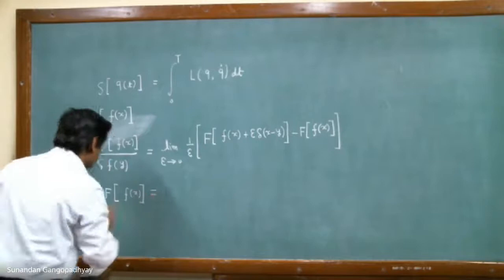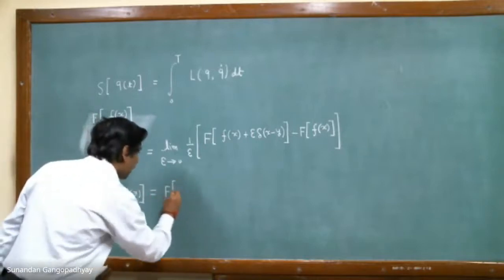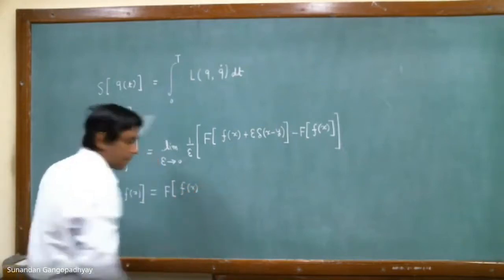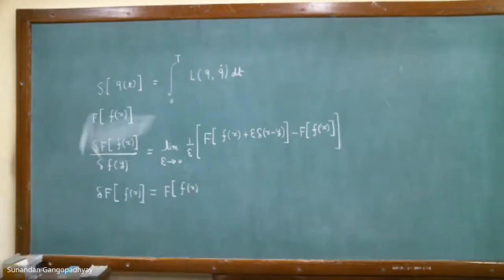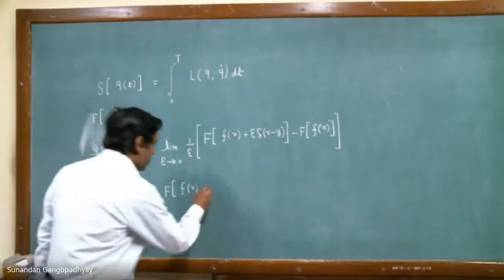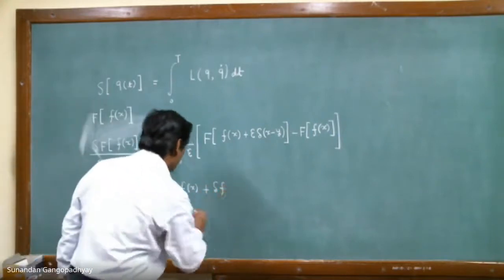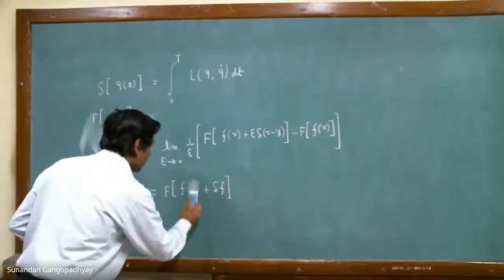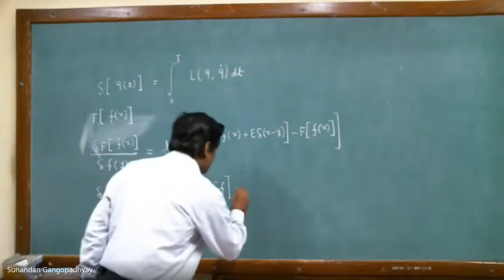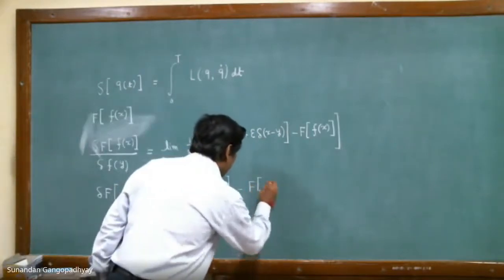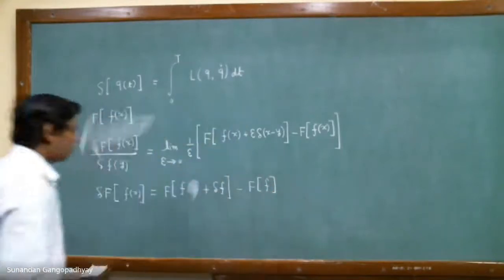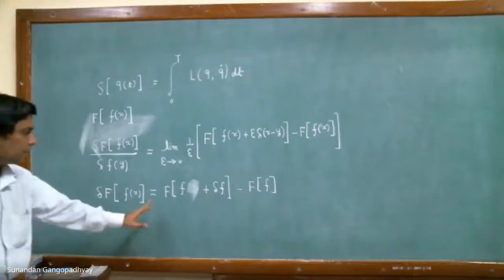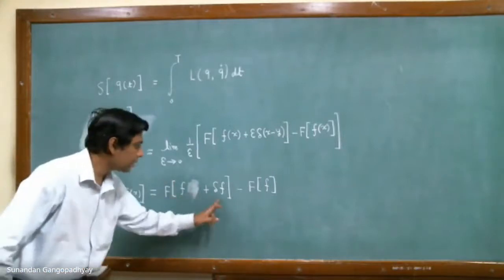So this is nothing but f of x plus delta f. You can get rid of the arguments, f plus delta f minus f. So this is what it should be. Delta F of x is F functional of f plus delta f minus F of f.